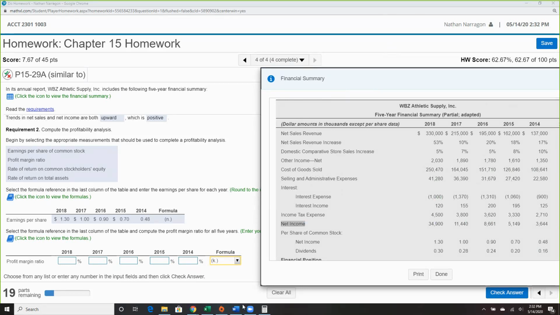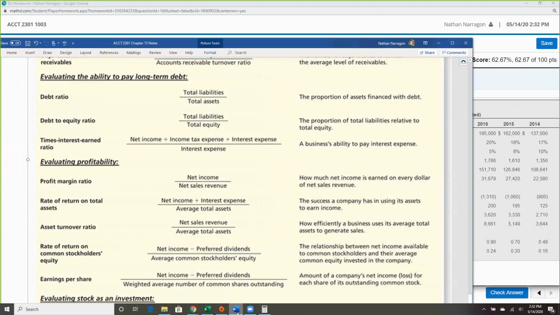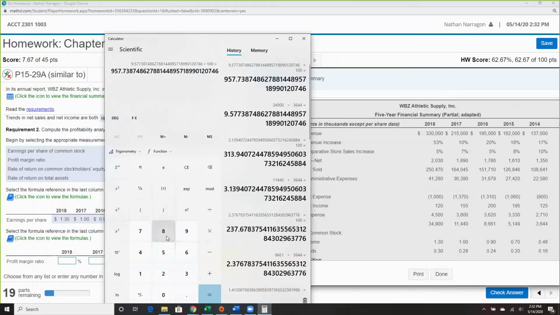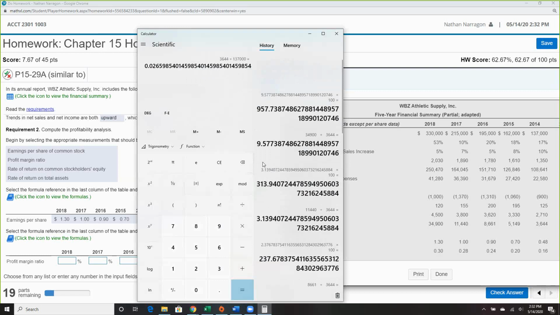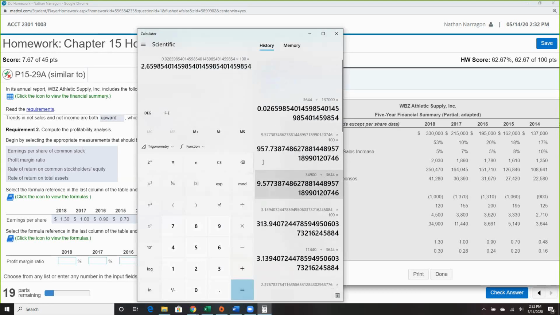So 2014. Our net income, which is 3644, divided by our net sales, and we'll see.